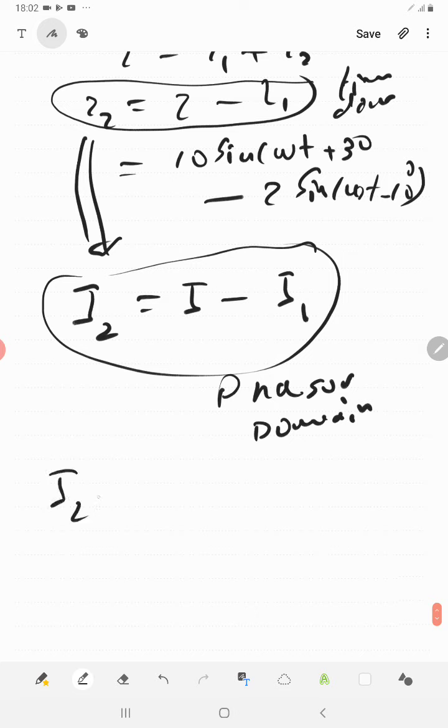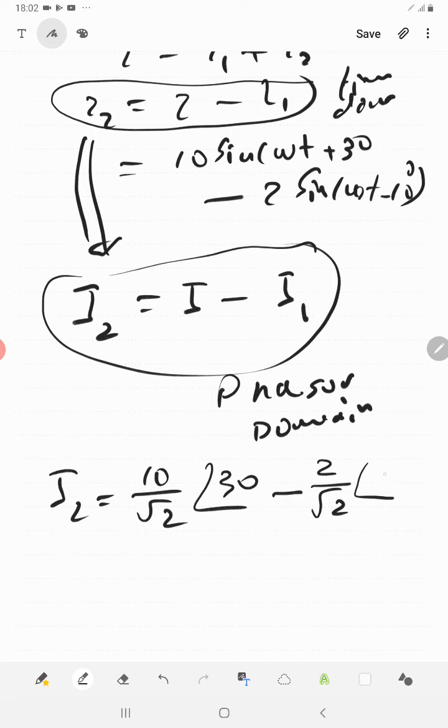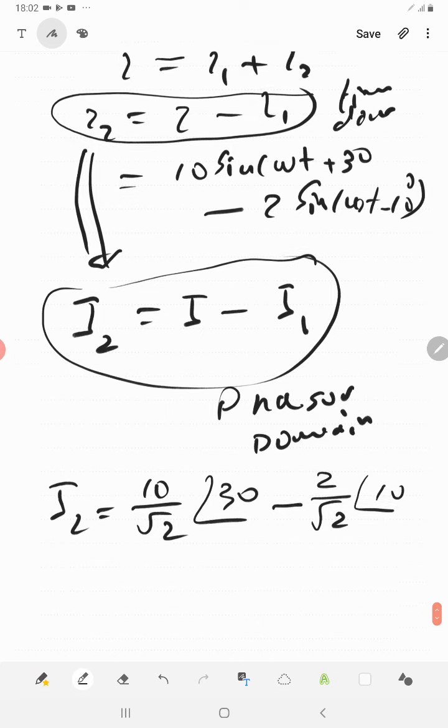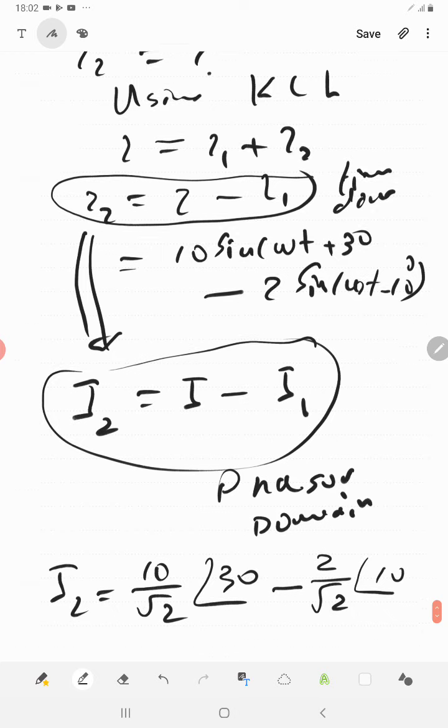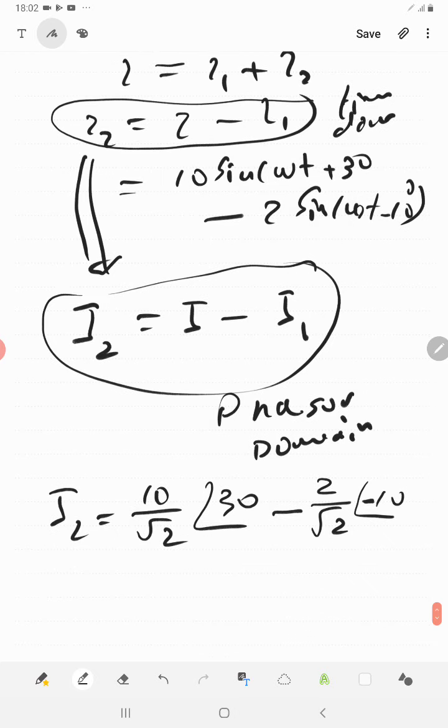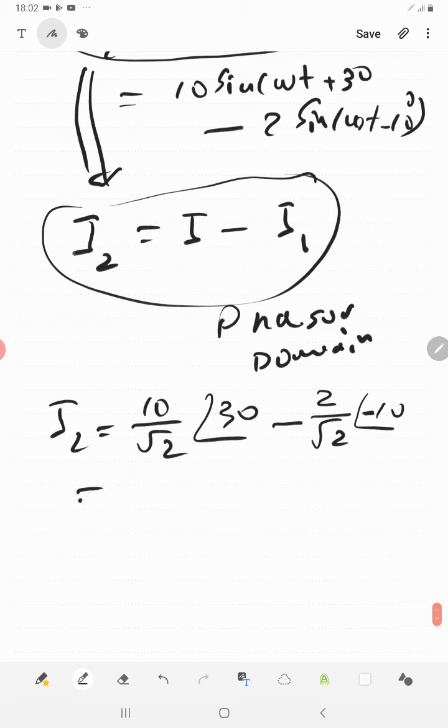I is the phasor form of 10, so it is 10 over root 2 RMS angle 30, minus I1, which is 2 over root 2 RMS angle minus 10 degrees. So this will be 1 over root 2 times 10 angle 30 minus 2 angle minus 10.